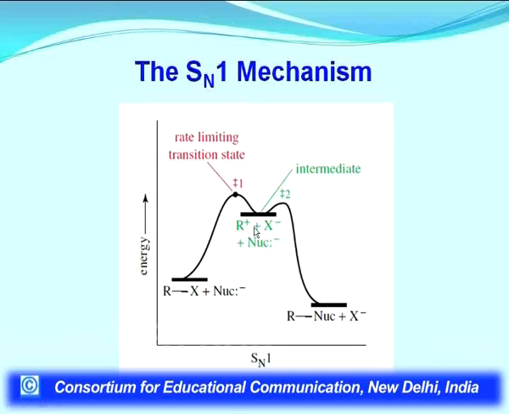Now, in this reaction there are two different transition states. This is the first transition state, this is the second transition state, because there are two steps and every step has its own transition state. This is the rate limiting transition state, because the second step will occur only if the carbocation is formed. So, the faster the rate of formation of the carbocation, the faster the overall reaction. If this step is slow, the overall reaction will be slow. So, the rate determining step is this step, the formation of the carbocation.